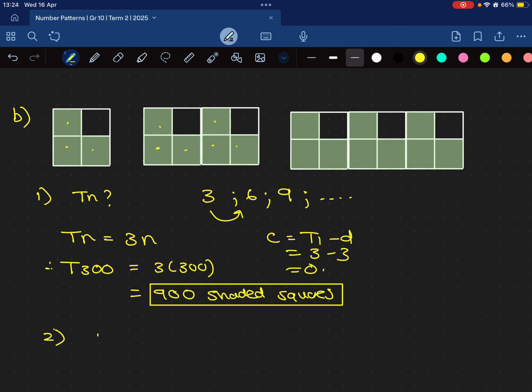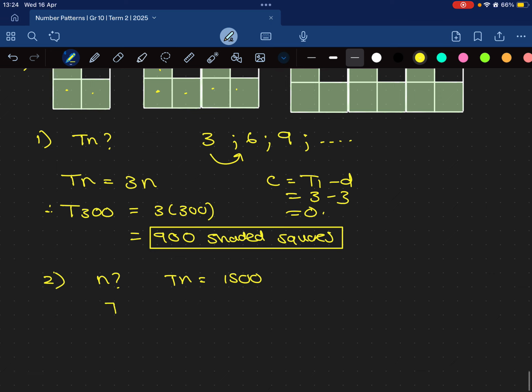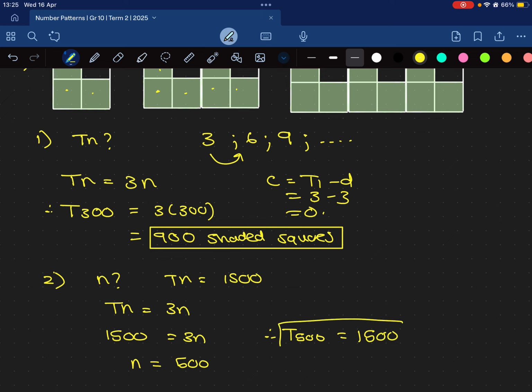They're asking for n if Tn is 1500. Tn is equal to 3n, so 1500 is equal to 3n, so n is equal to 500. Therefore T500 is equal to 1500 squares.